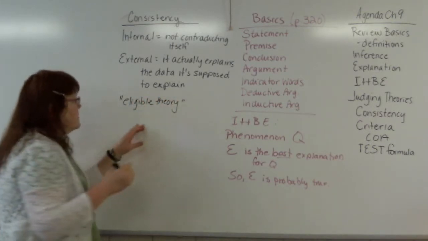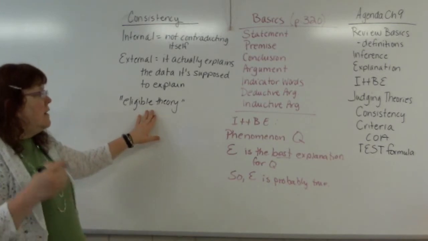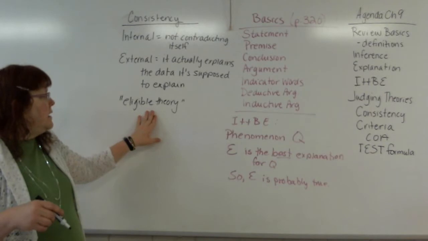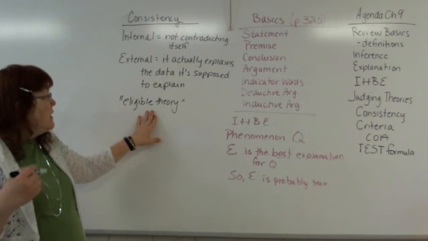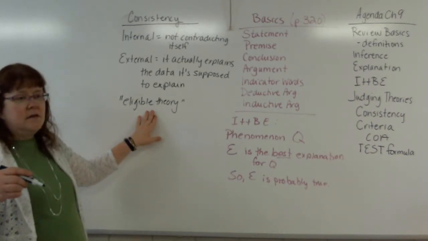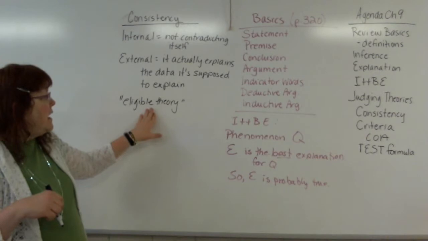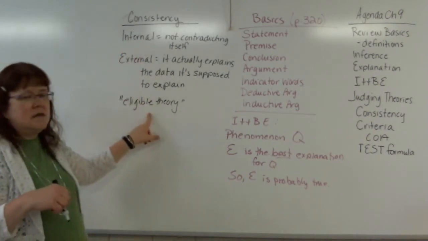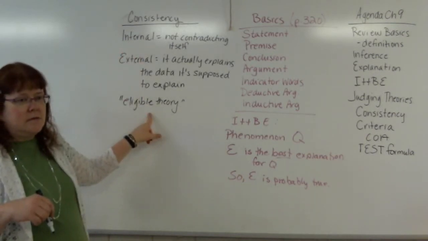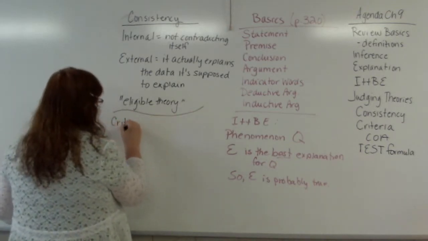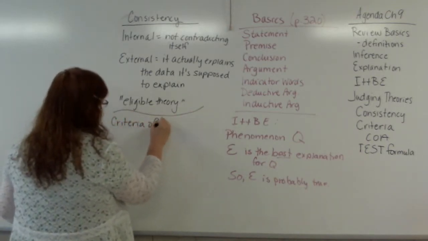Dr. Vaughn gives us, and this is a huge deal, the best explanation: the best theory is the eligible theory that meets the criteria of adequacy better than all of its competitors. In order to be eligible, it has to be consistent in both ways, internally and externally. Then we get the criteria of adequacy.